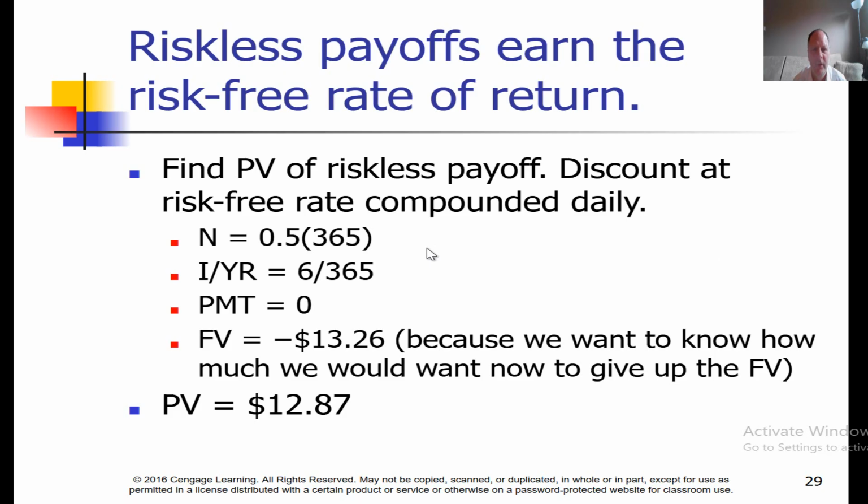So the number of days in 6 months is 0.5 times 365. We were told that our interest rate was 6% per year. Divide that by 365 to get our daily rate. There are no payments, so the payment is 0. We calculate the future value as being 13.26. We use our calculator then to get the present value of $12.87.